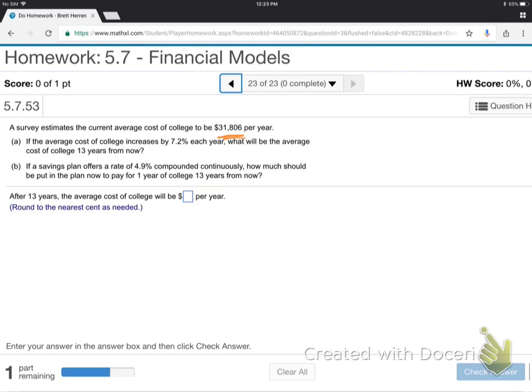It's true, huh? So let's say that if it's $31,806 per year now, if it increases 7.2% each year, what will it be 13 years from now? Something crazy big, huh?